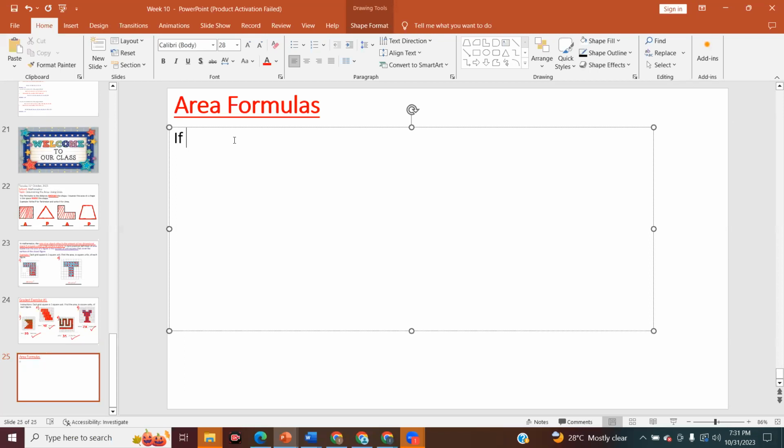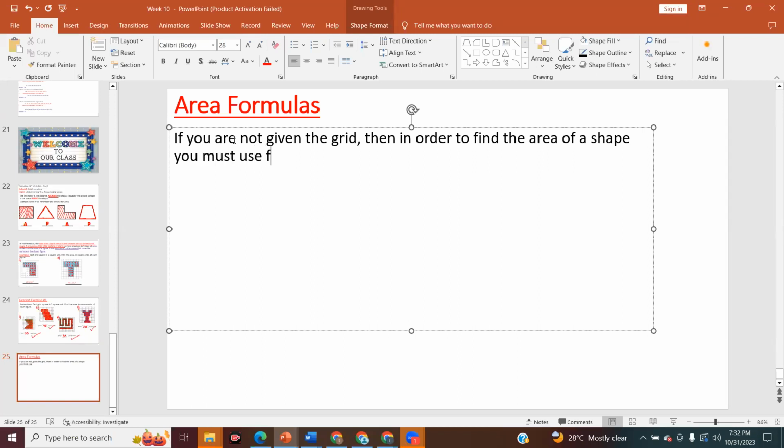If you are not given the grid, then in order to find the area of a shape, you must use formulas.